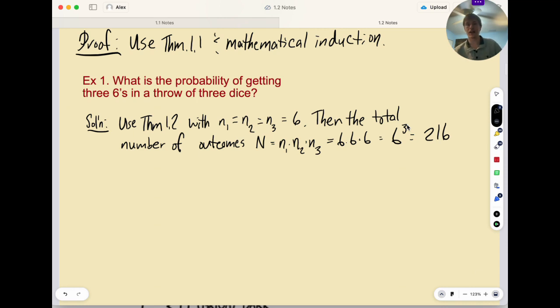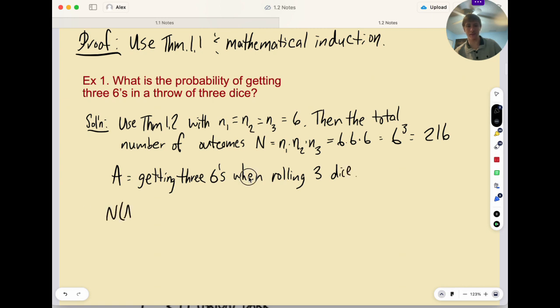Okay, now that's capital N. So let's go ahead and define event A as getting 3 6s when you roll 3 dice. So then we want to figure out how many ways can this happen. And if we can do that, then the probability is just the ratio of those two things, right? It's the ratio of this to this.